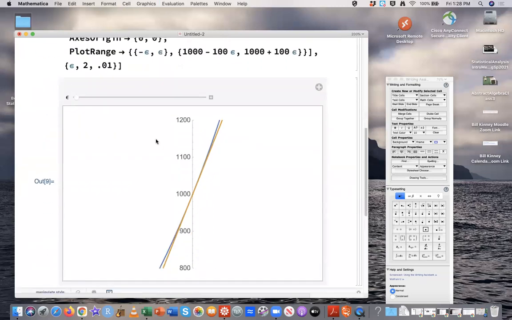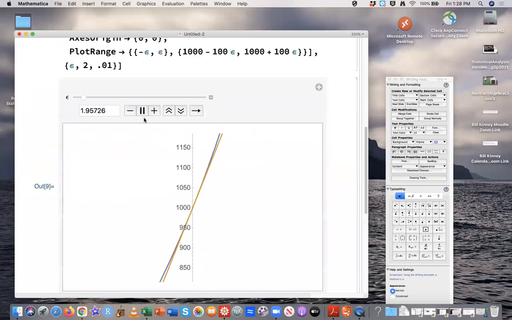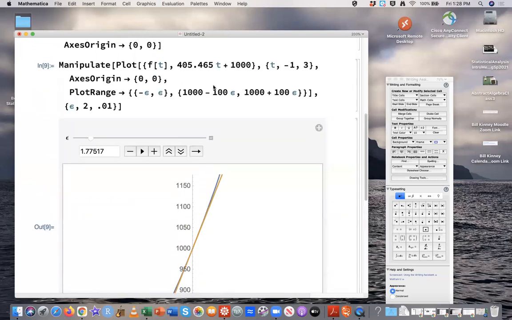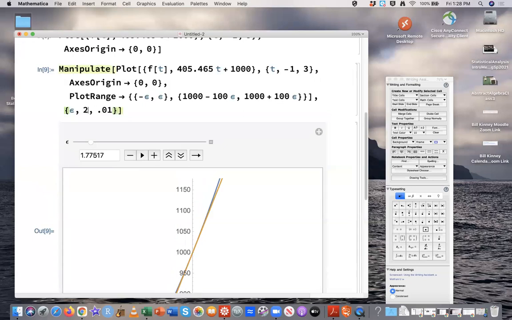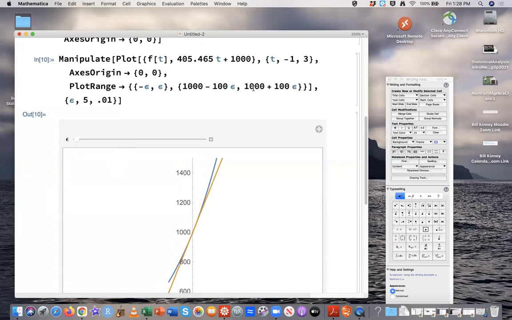Okay, so I'm graphing the same two graphs on a different scale. And this epsilon parameter, I'm letting go down towards 0, and I'm zooming in closer and closer to the graph. Zooming in closer and closer to where t equals 0. I'll start epsilon bigger, and maybe make this bigger here.